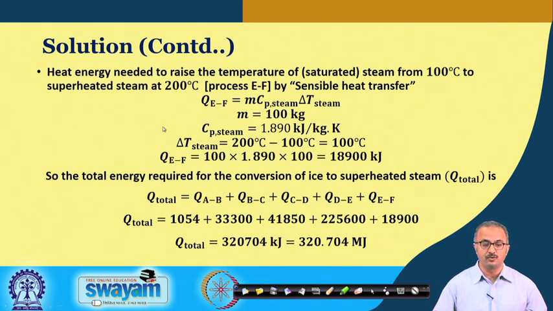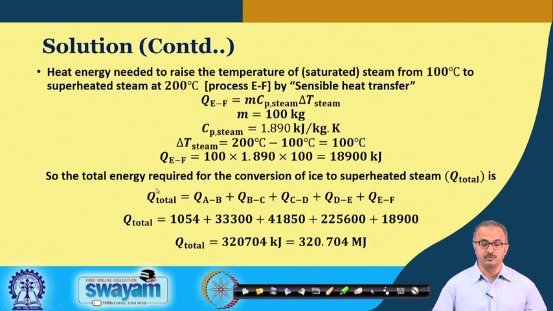After this, we go to raising the temperature of the saturated vapor to superheated vapor at 1 atmosphere to 200 degrees centigrade. Here again we put the specific heat of the steam, and this is the value, and again we get the delta T steam as 200 minus 100 degrees centigrade, that is 100 degrees centigrade, and again putting the values in this particular formula, we get the sensible heat transfer needed to raise the temperature of the steam.